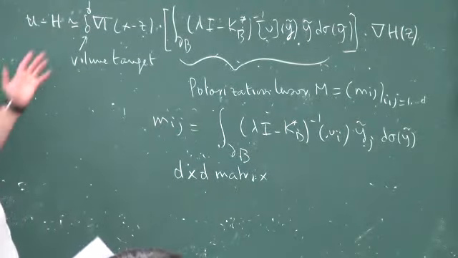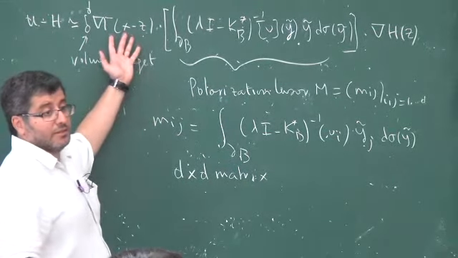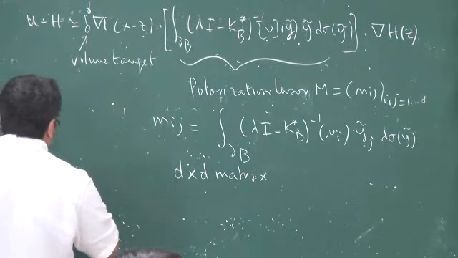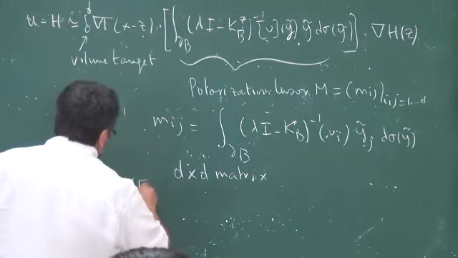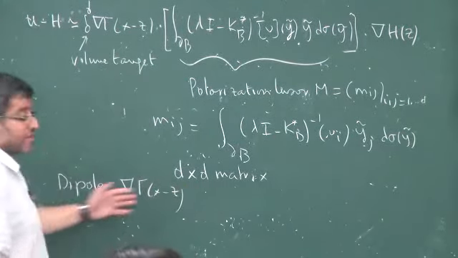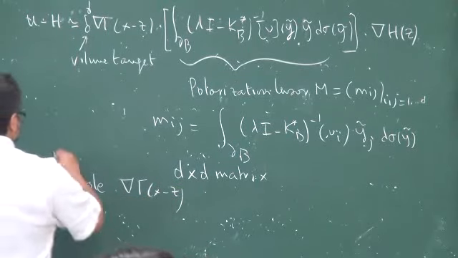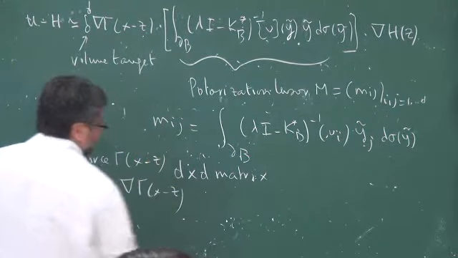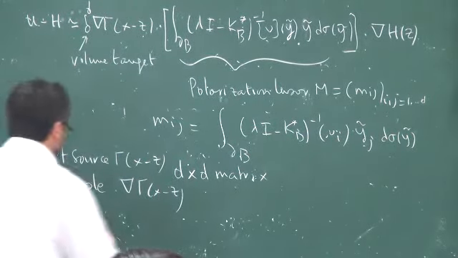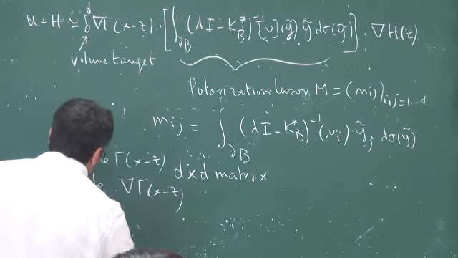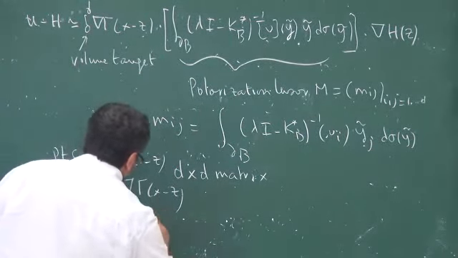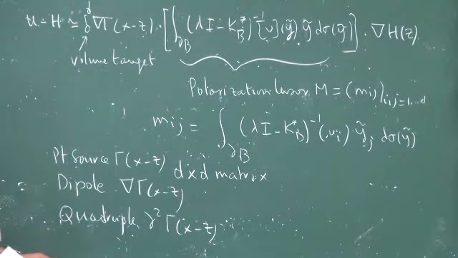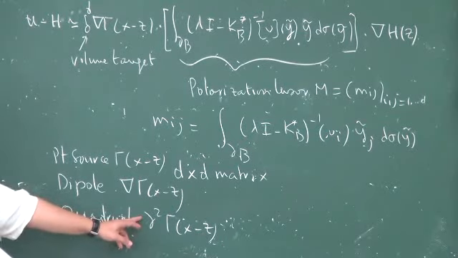This formula shows that the perturbation induced is a dipole. Dipole is a gradient of a Green function. This is a dipole at d. A point source is the Green function itself, a quadrupole is a second derivative, and higher order multipoles are just higher derivatives of the Green function.